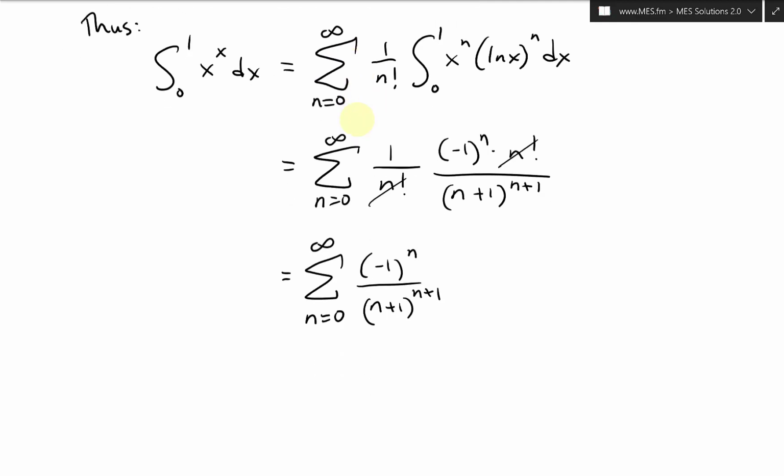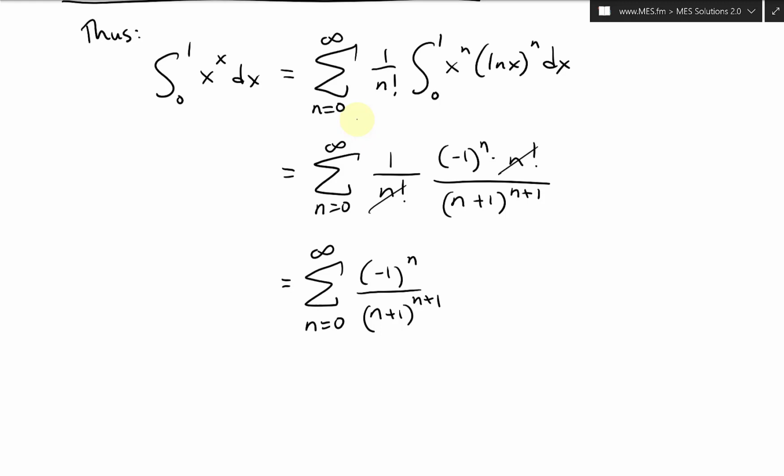Notice here that if you plug in 0 at n equals 0, we get 0 plus 1 to the power of 0 plus 1, and at the top is negative 1 to the power of 0. So just to make it like our question, start at n equals 1 instead.